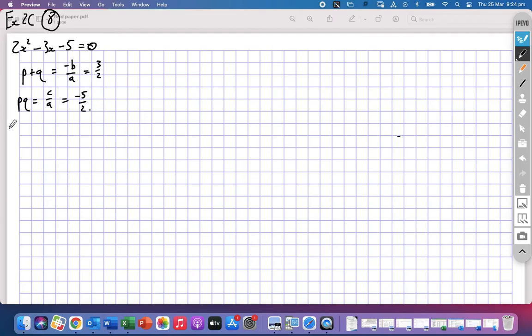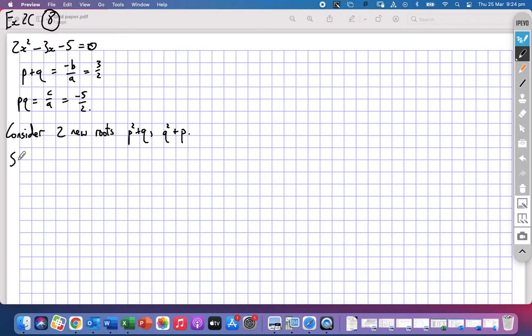Okay. Now consider two new roots. The new roots are going to be p squared plus q and q squared plus p. All right.